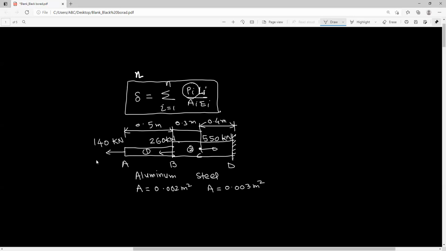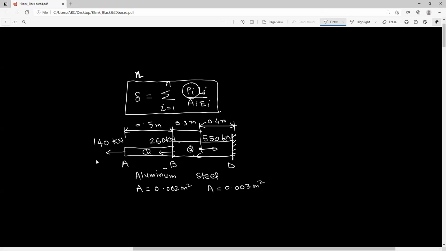So the first step is to understand how to calculate the internal force, and you can do that by taking the free body diagram. In this case, though the material property is different, I cannot say that I have to calculate two different deflections for parts 1 and 2. It is not so.